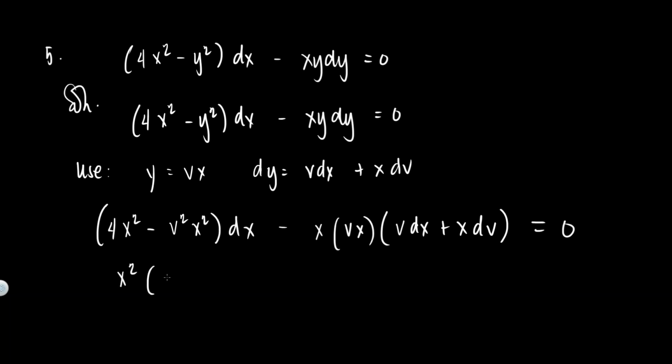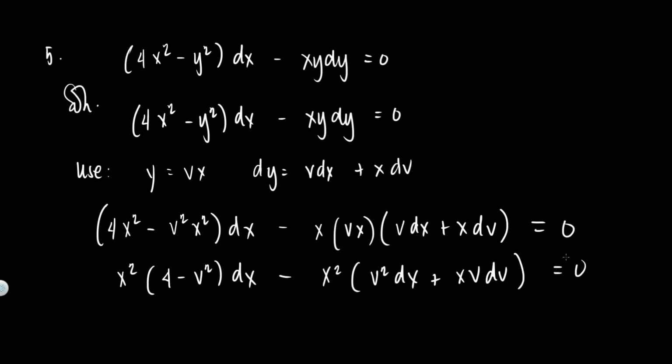So x squared times quantity 4 minus v squared times the dx minus, factor out the x squared. So we have x squared and distribute the v. So we have v squared dx plus xv dv equals 0. Tanggalin na natin yung x squared. So ano natira dito? 4 minus v squared quantity times the dx minus v squared dx.